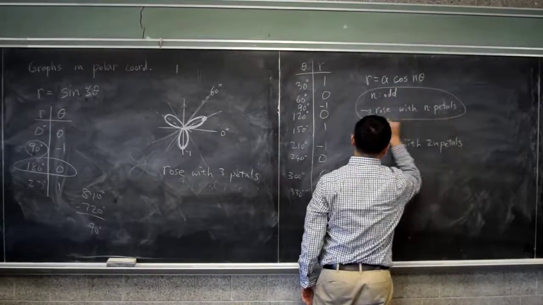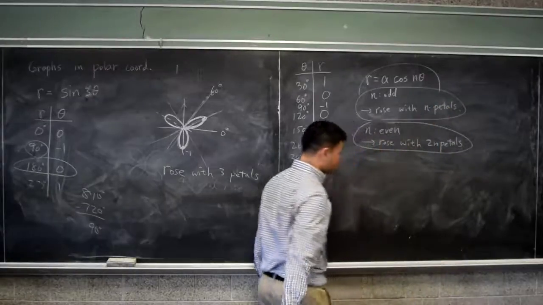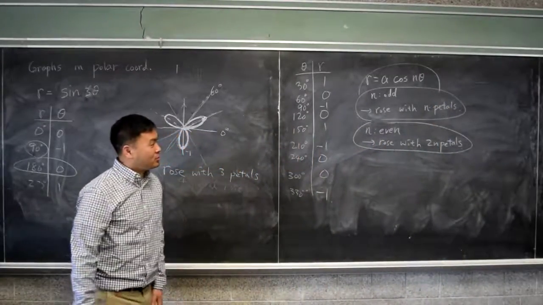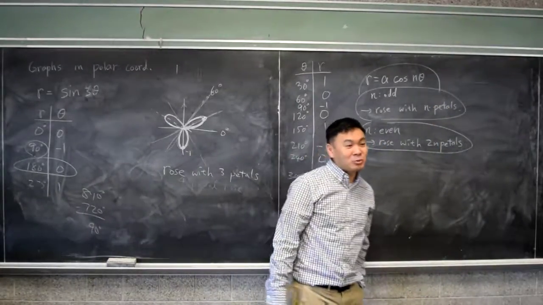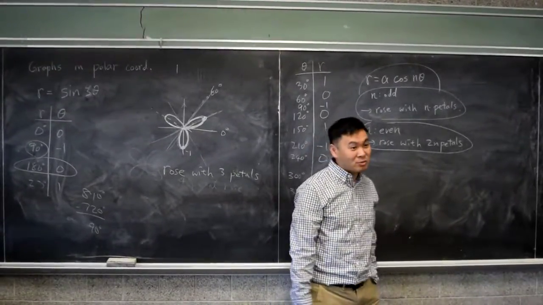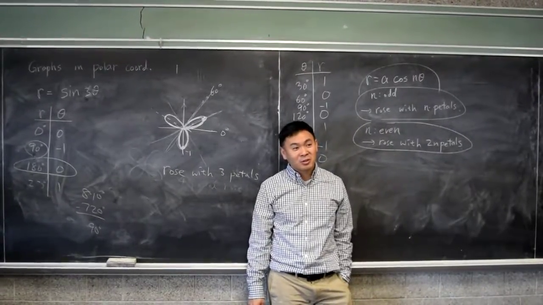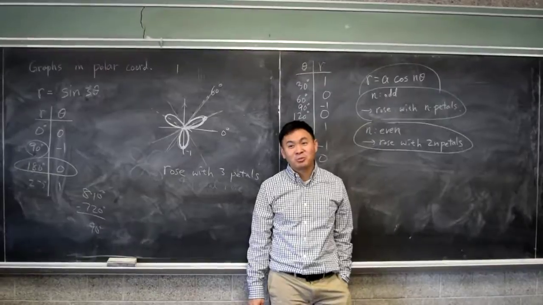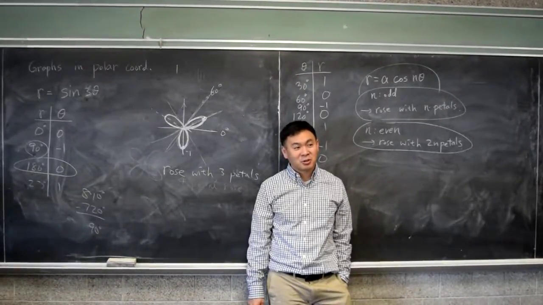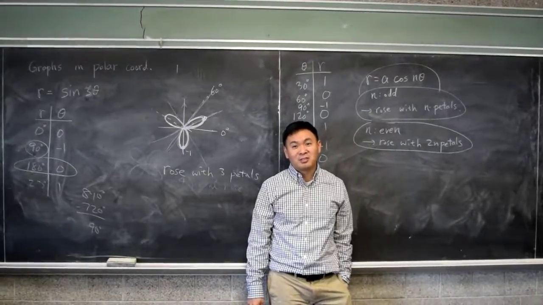So that's what you have to know, and that means it will be impossible to come up with rows with 6 petals this way, because if you want 6, half of 6 is 3, but cosine 3 theta will produce rows with 3 petals, not 6 petals. So 6 is a number that is impossible to produce using this.